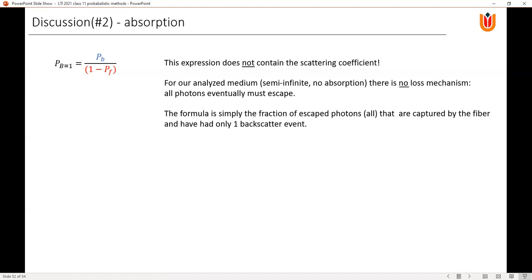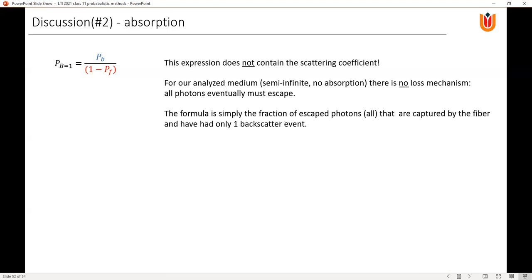If the medium is infinite or semi-infinite, then the only way that photons can be terminated is that they escape.